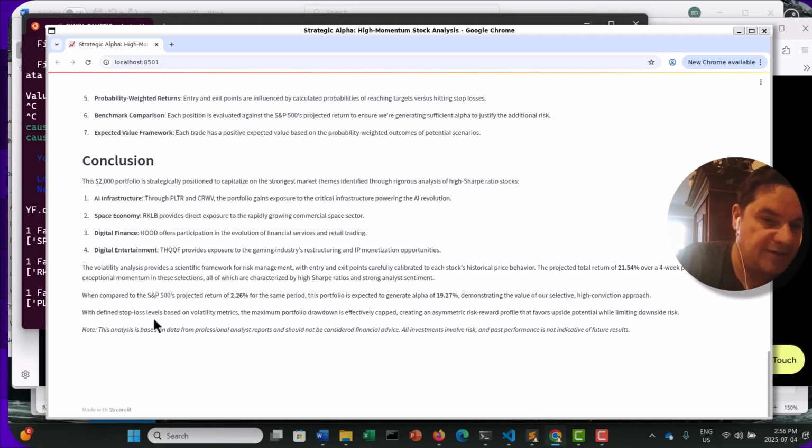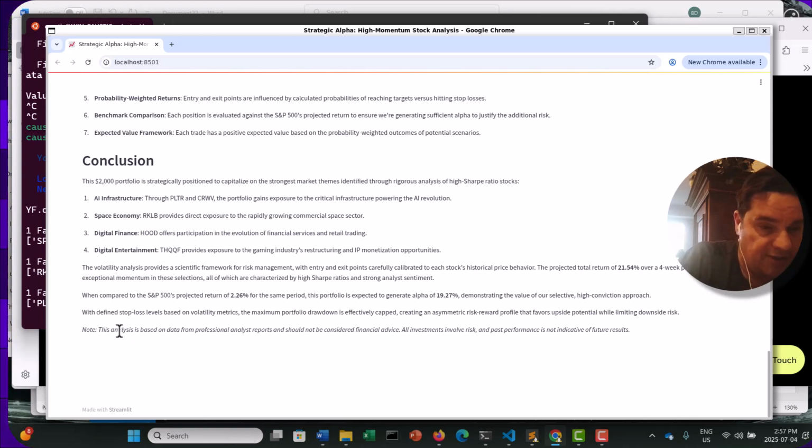So there are defined stop loss levels and volatility metrics, and maximum portfolio drawdown is effectively capped, creating an asymmetric risk reward profile that favors upside potential while limiting your downside risk. But as I said, with the prior one of 20% overnight, just so you know, that ended up being 38% same day.